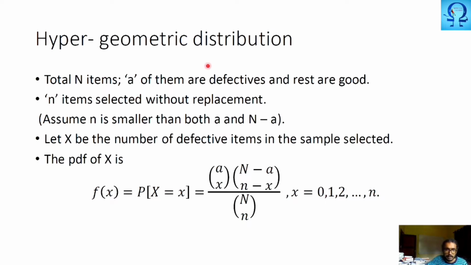It may be vice versa as well. You are selecting n items without replacement, and the number of items that you are going to select should be smaller than both a and n minus a. And x is the number of defective items in the sample selected, and the pdf is given to be something like this.